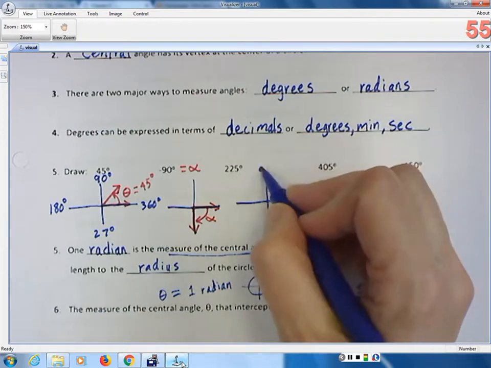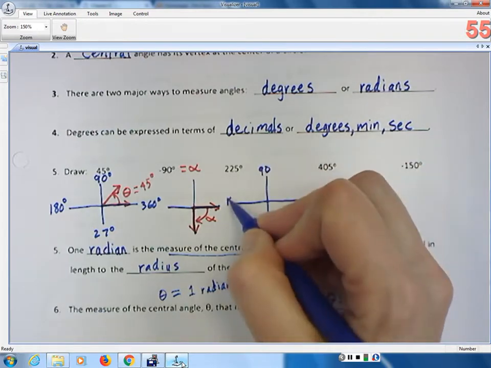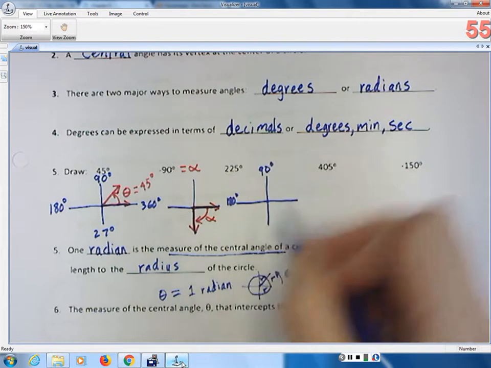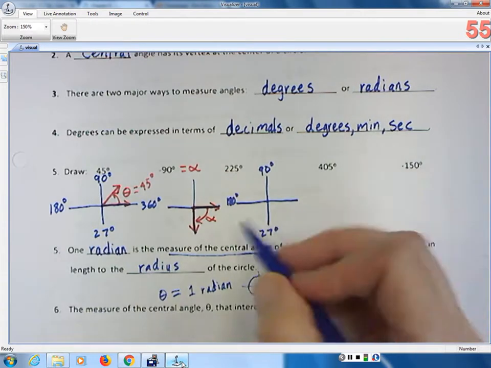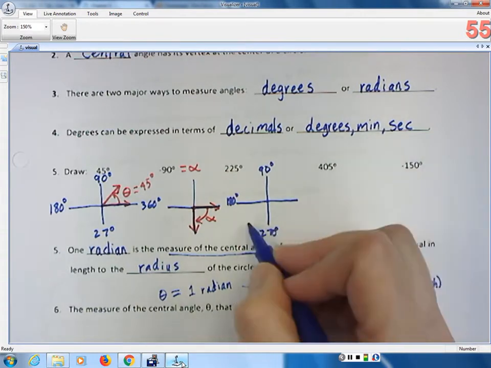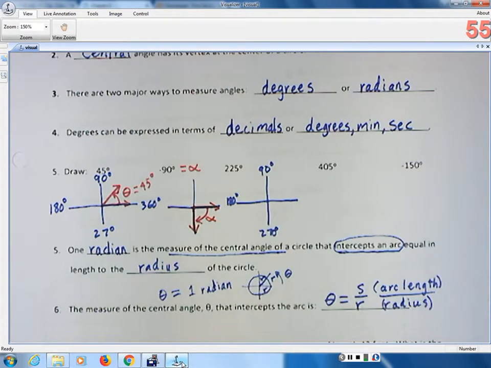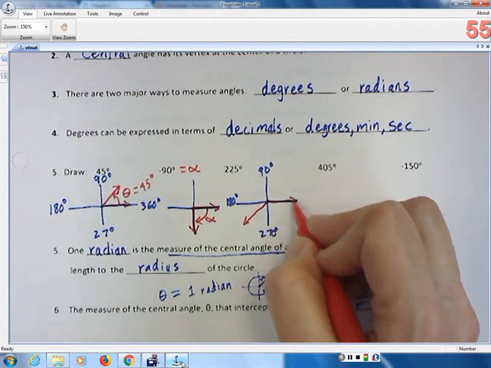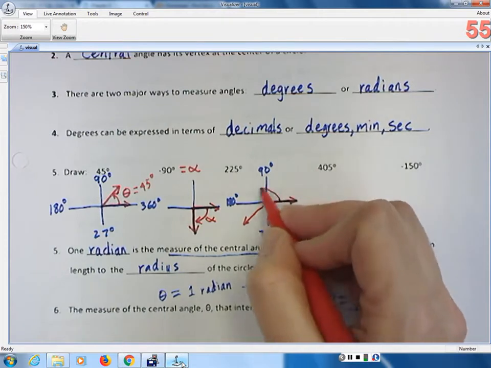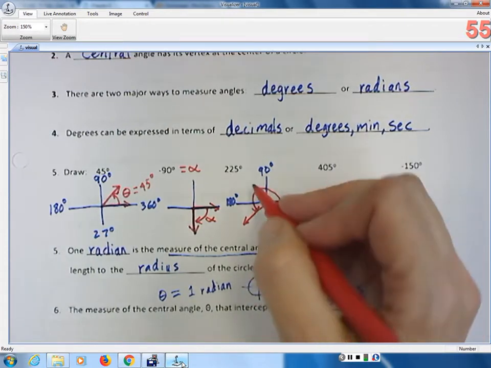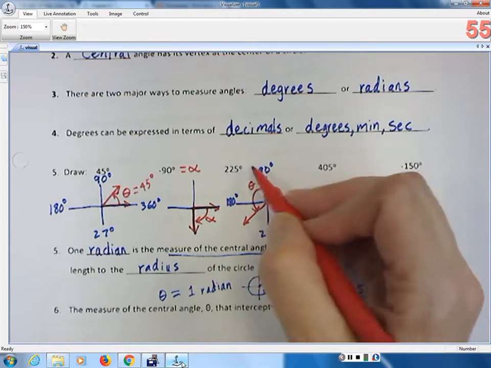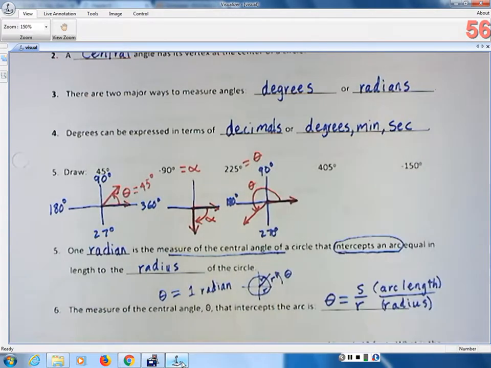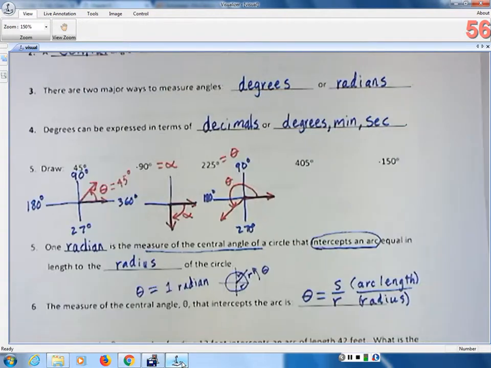Well, this is 90, and this is 180, and this is 270, and 225 is right in the middle here. So this is the terminal end, the initial end is here, and we draw an arrow, and we'll call it theta again. That's theta. Right in the middle between 180 and 270.